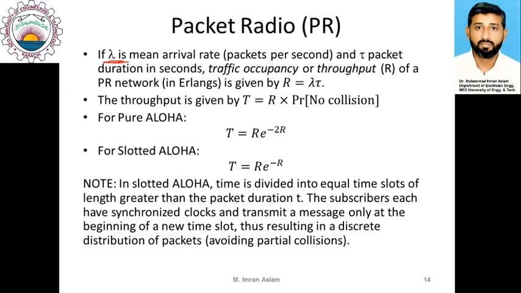So lambda shows the mean arrival rate in packets per second, and tau is the packet duration, again in seconds. In that case the traffic occupancy of the network is given by the relationship R equals lambda times tau.